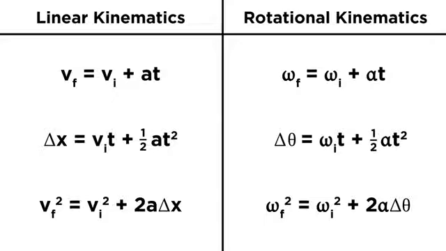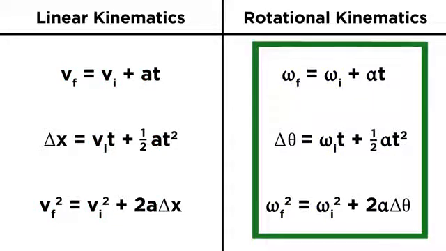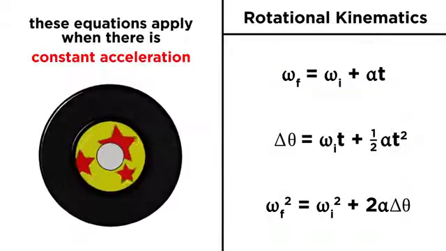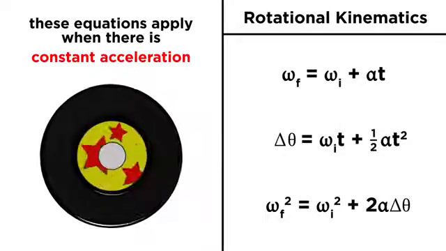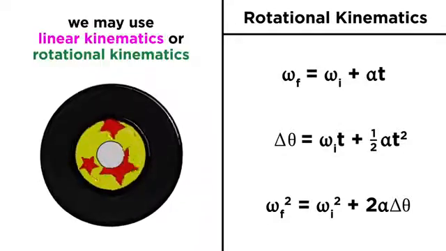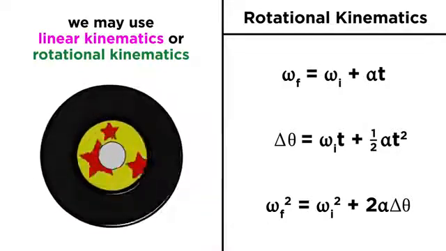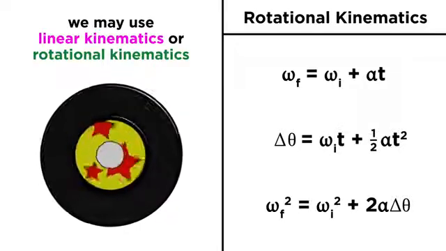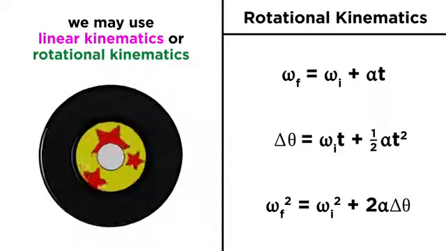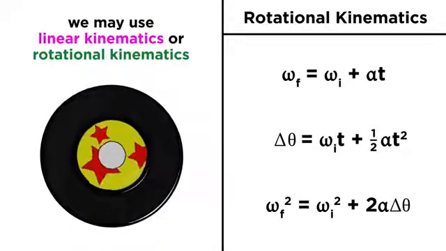Looking at these familiar equations, if we just exchange displacement for angular displacement, velocity for angular velocity, and acceleration for angular acceleration, we arrive at a new set of equations that allow us to calculate rotational motion, and they will apply to any system with rotational motion under constant angular acceleration. Depending on the scenario, it may or may not be easier to model rotational motion with these equations rather than with the linear ones, where we have to use tangential velocities that vary according to the radius.